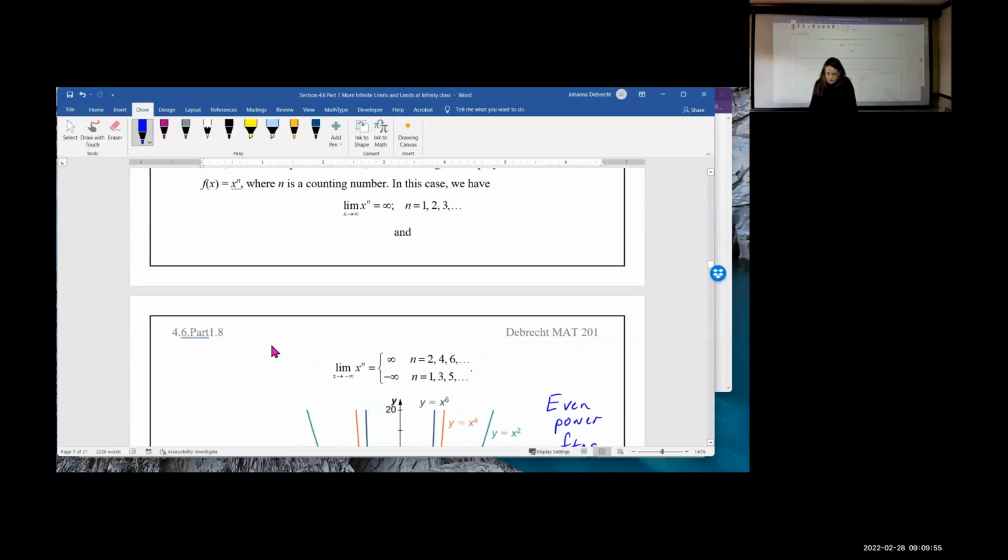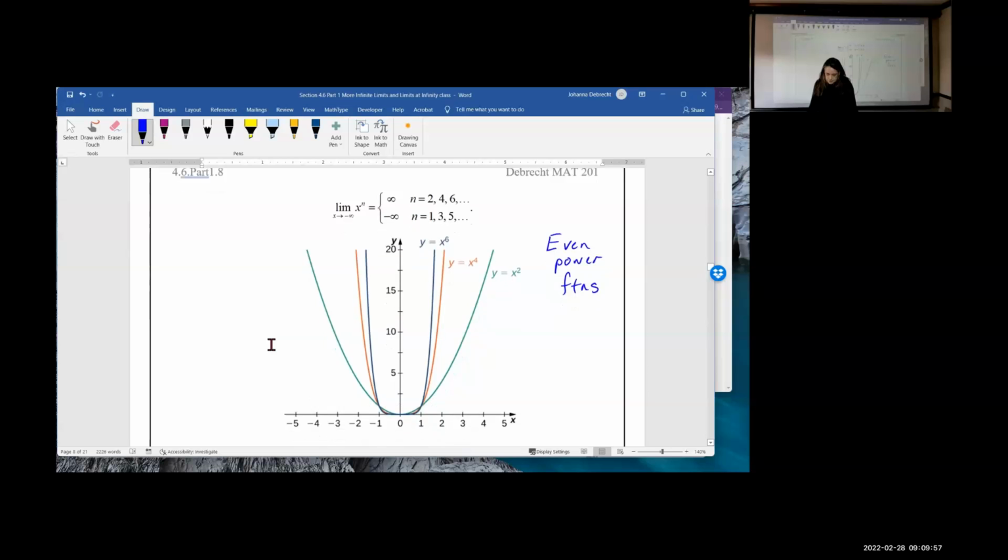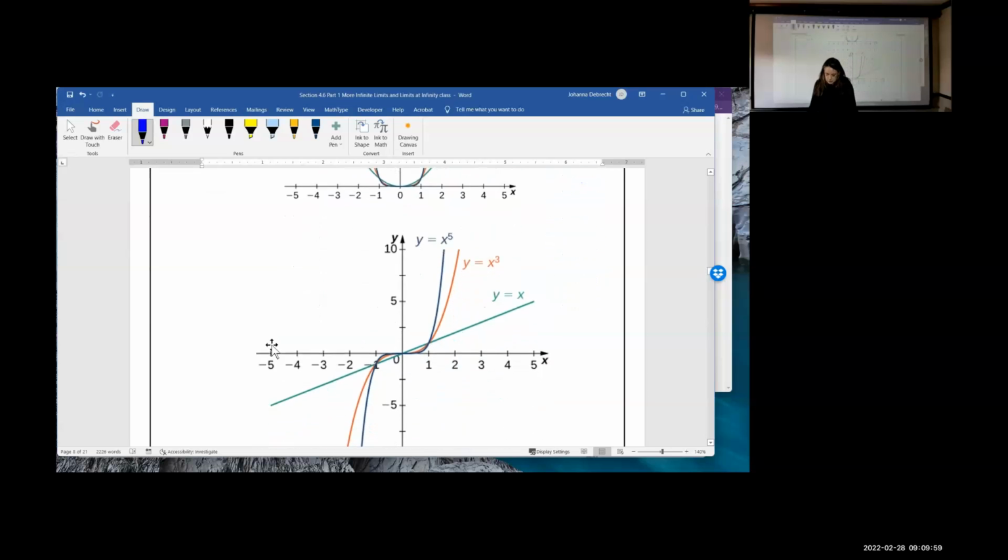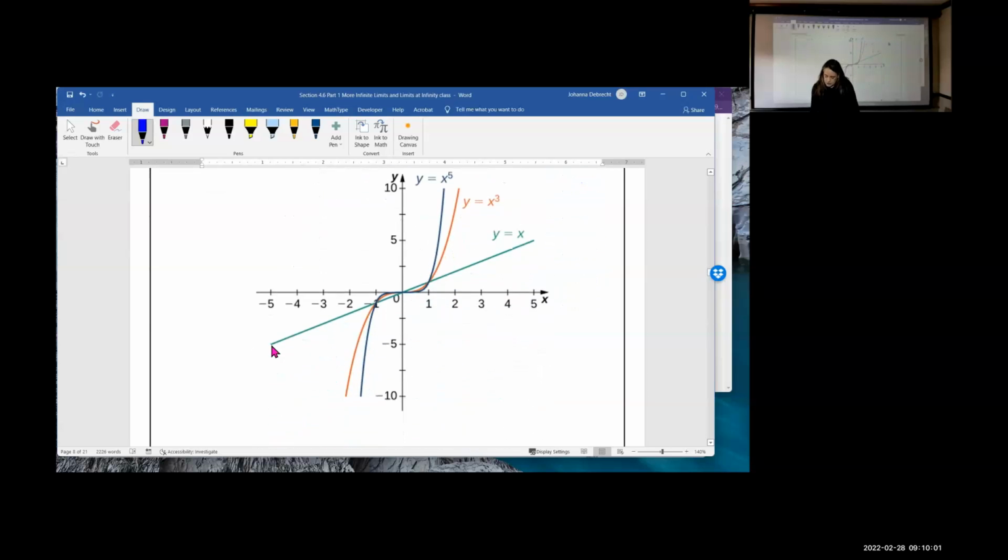Now, we also have odd ones, which would look like these right here. These are your odd power functions. And when you're looking at the odd power functions, they have, in some ways, the basic shape of x cubed. Even the line x has this behavior that it goes down to the left and up to the right.